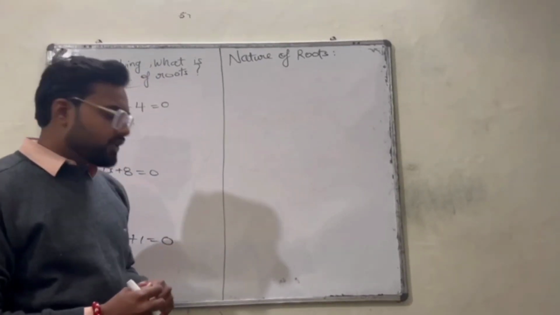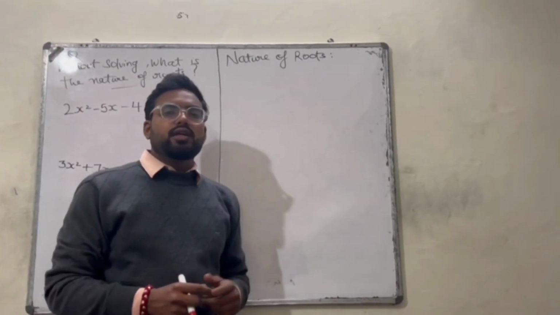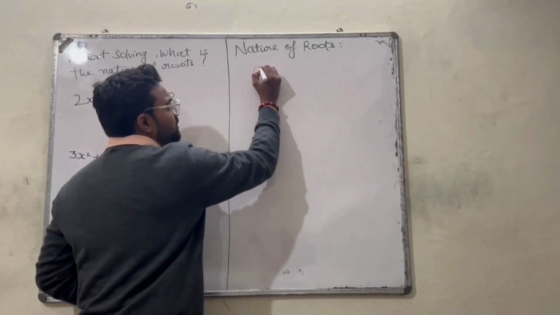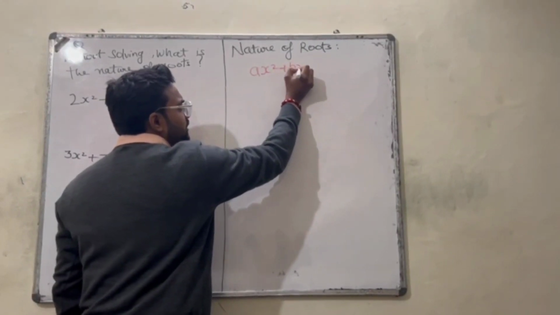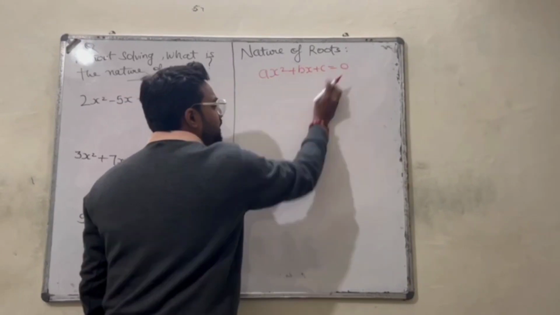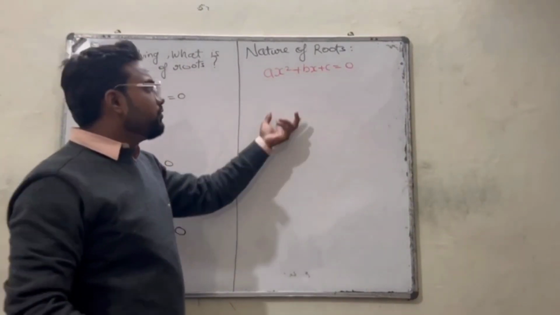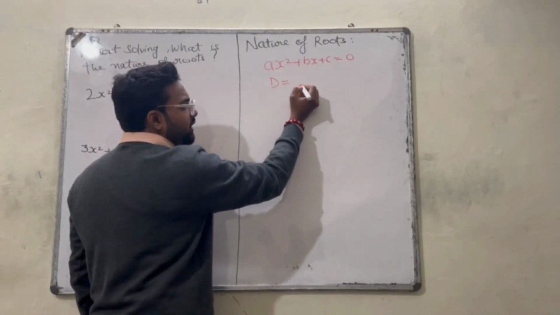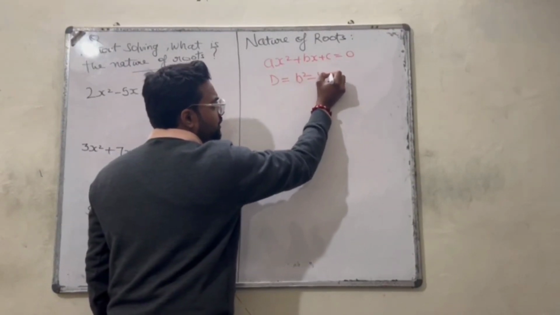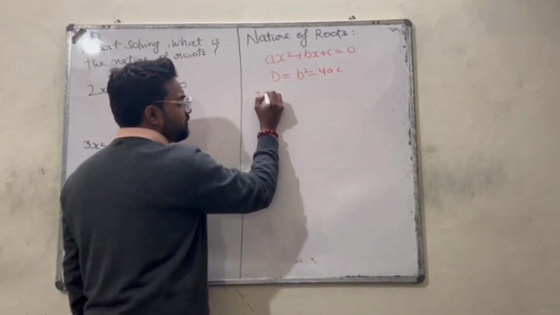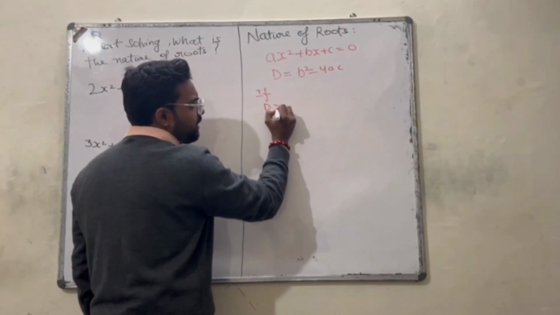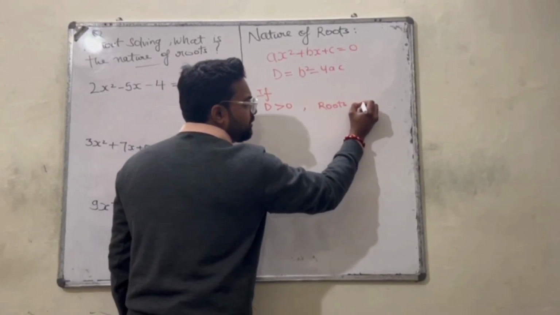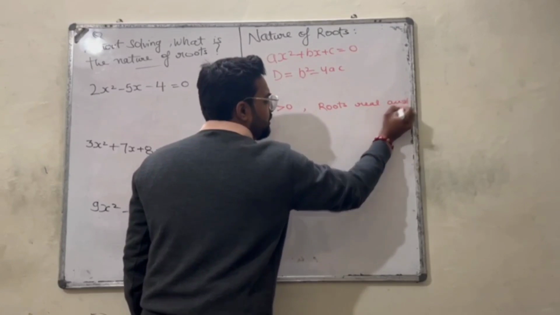Nature of roots. The nature of roots totally depends upon the discriminant D. If we have the quadratic equation ax square plus bx plus c is equal to 0, and we have to find the nature of roots of this quadratic equation, whose discriminant is equal to b square minus 4ac: if D is greater than 0, then roots are real and distinct.